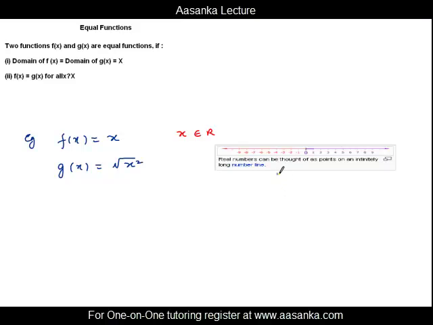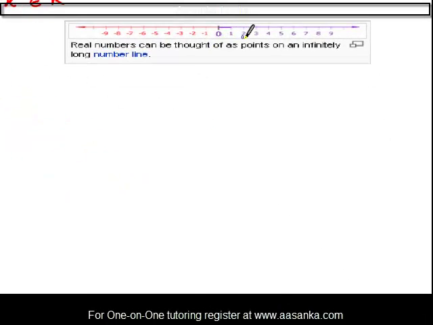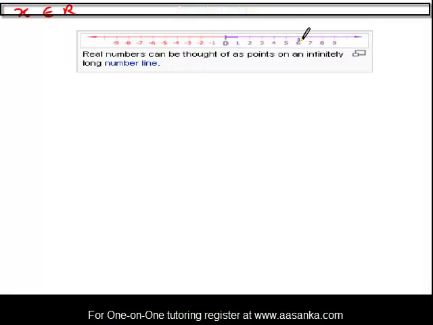The real numbers can be thought of as points on an infinitely long number line. So if you have 0, positive side is 1, 2, 3, 4, 5, 6, 7, 8 till infinity, and negative side is minus 1 till minus infinity. A real number is any point anywhere in this line. It could be fraction or anything.